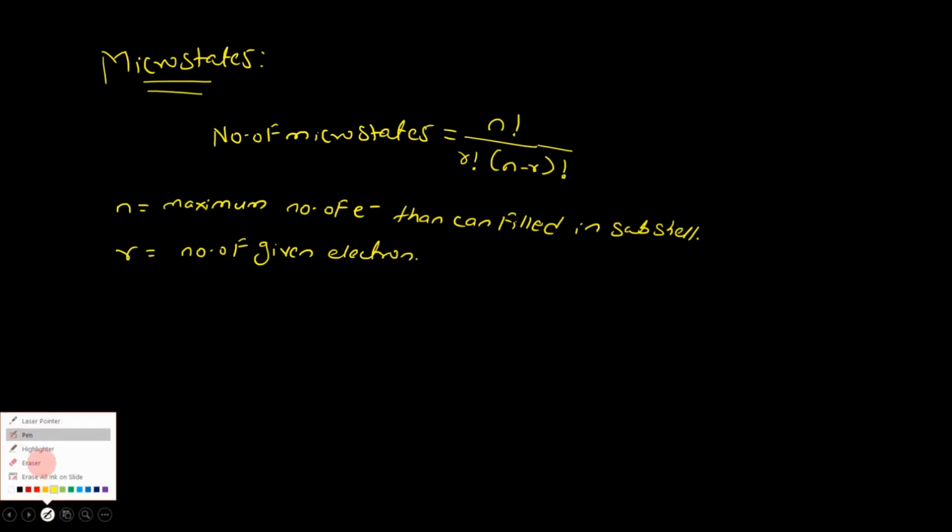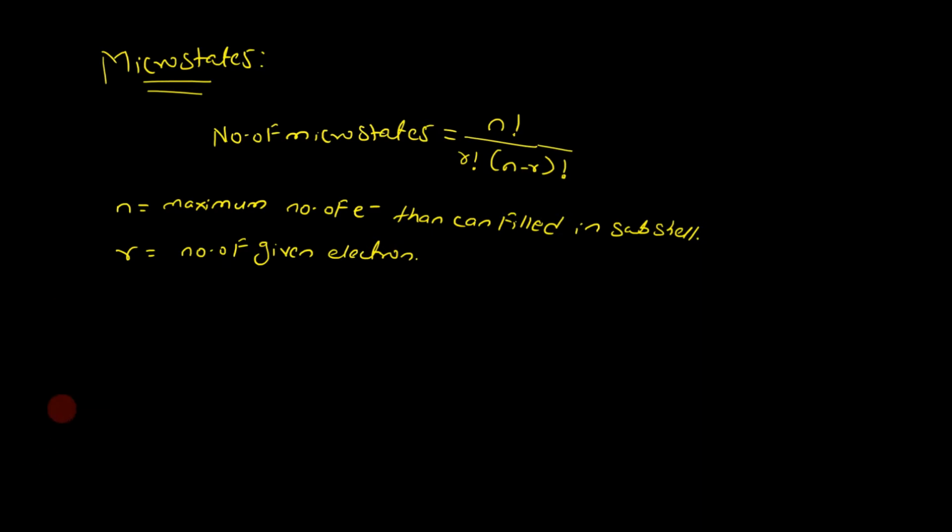So let's take an example. We solve for P1. This is your question, P1, number of macro states, that is n factorial upon r factorial and n minus r factorial. n is the maximum number of electrons that can be filled in a subshell.